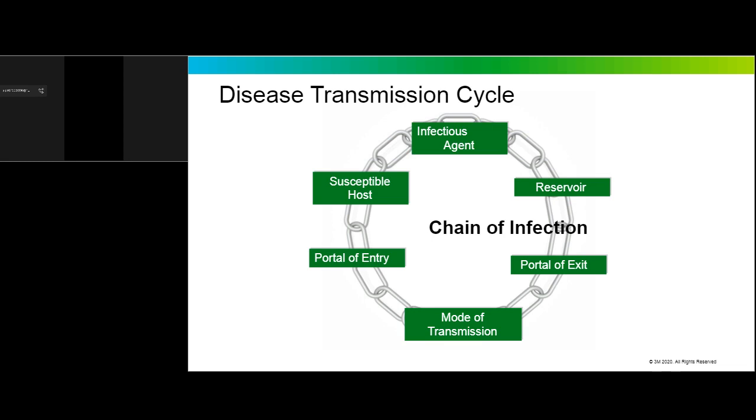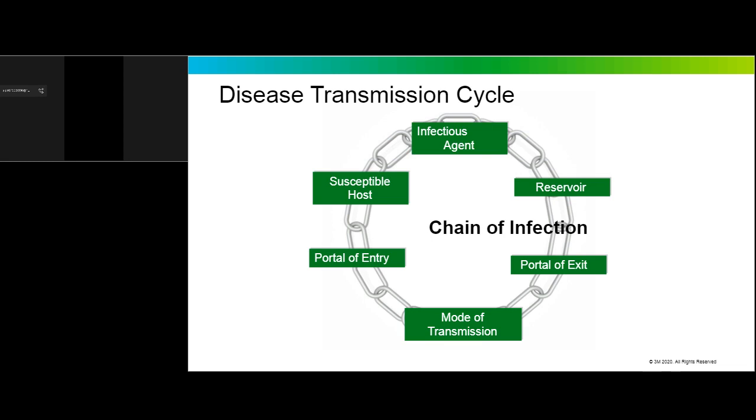But before digging into that, I wanted to reflect on the critical role you all play in stopping the disease transmission cycle. This slide depicts the familiar chain of infection, something that, because of COVID, we're all very familiar with.